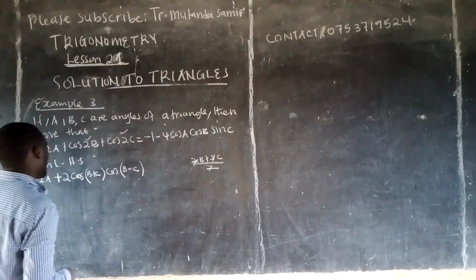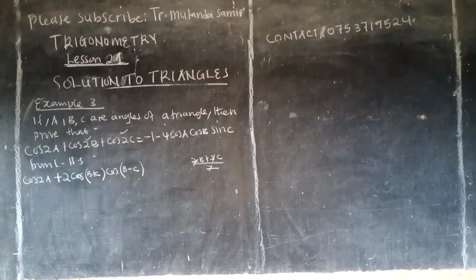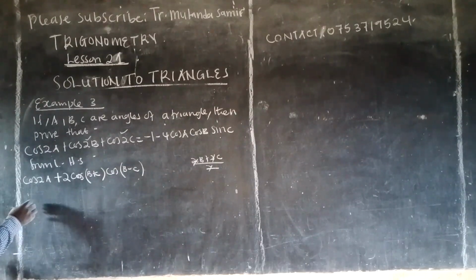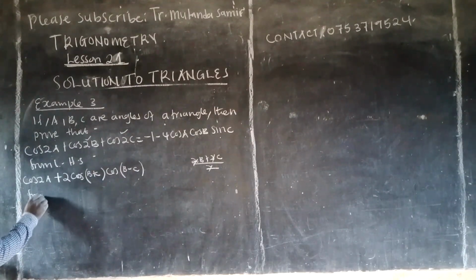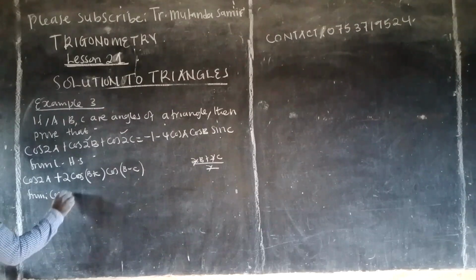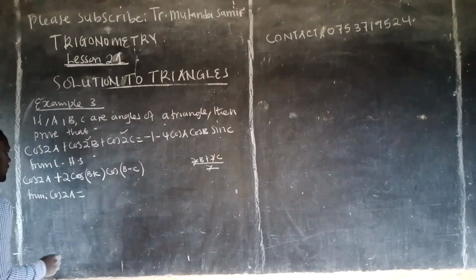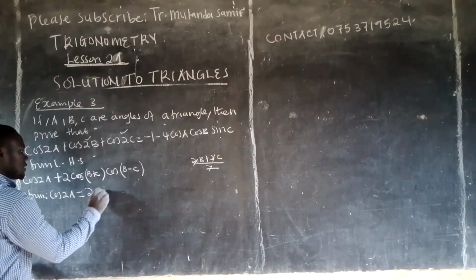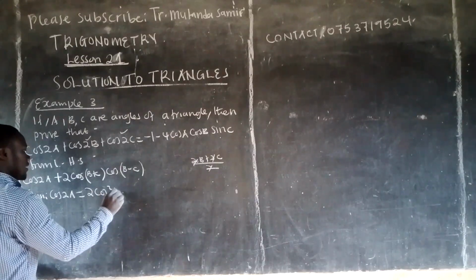All right, good. Now, after reaching that level, what we are going to do is apply the double angle formula. The double angle formula for this one. So now we'll say that cos 2A is equal to, we all know this, 2 cos squared A minus 1.